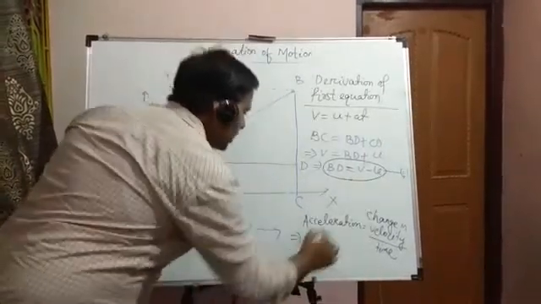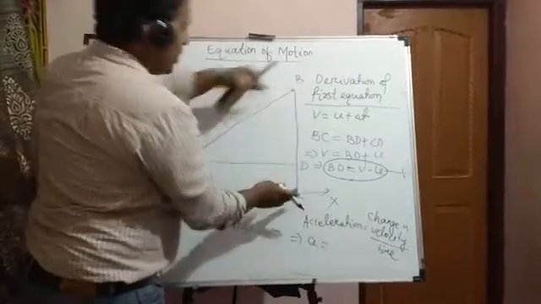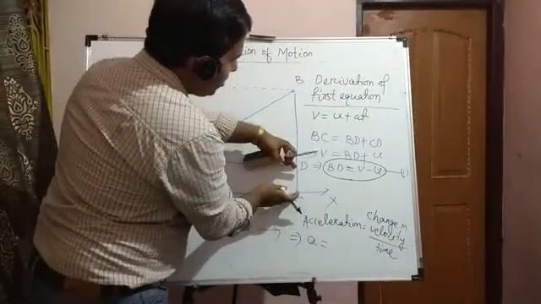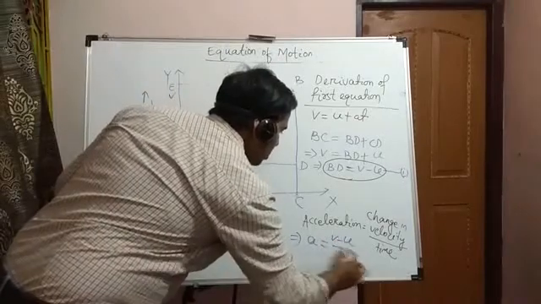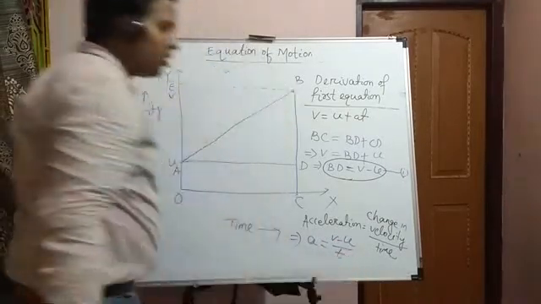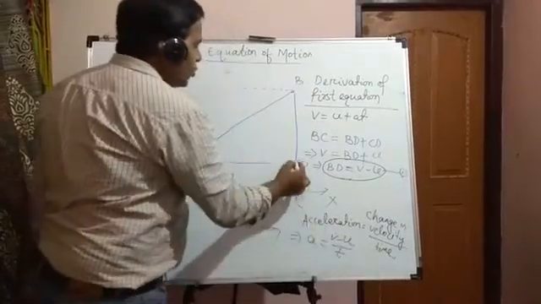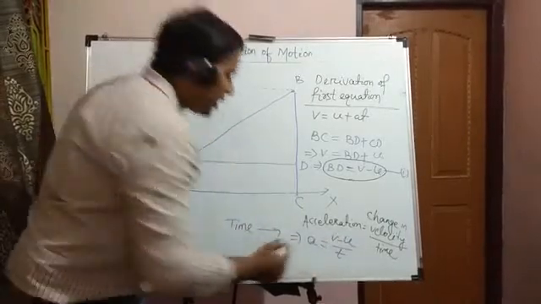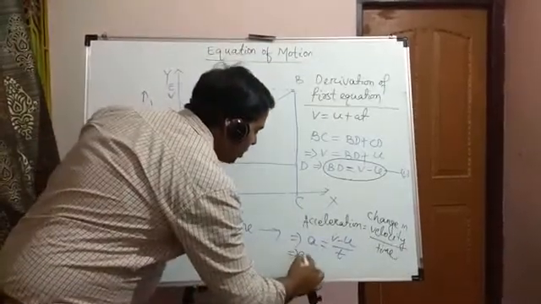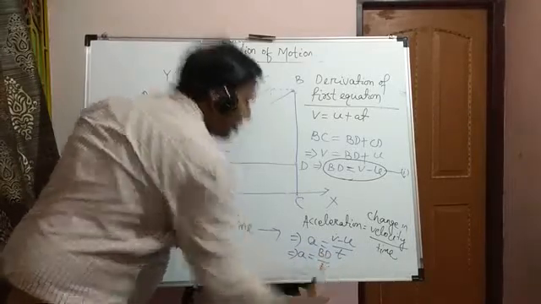So acceleration is the change in velocity, that is V minus U, by t. A is equal to V minus U by t, and V minus U is equal to BD. So in place of V minus U, we can write BD, which implies that A is equal to BD by t.